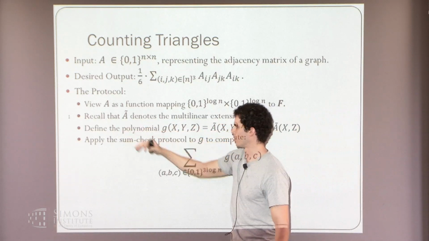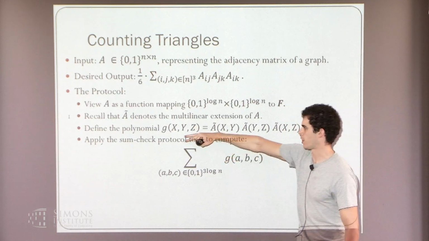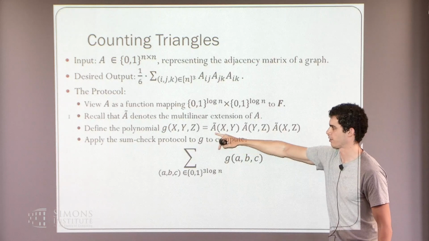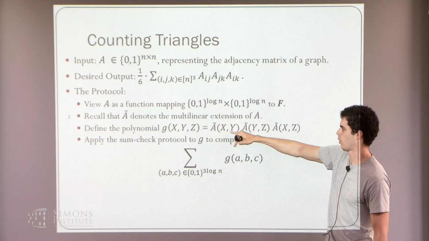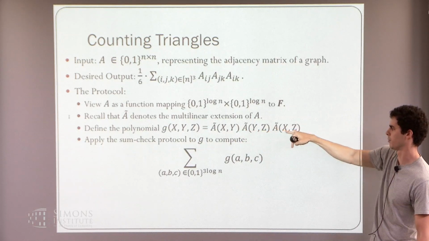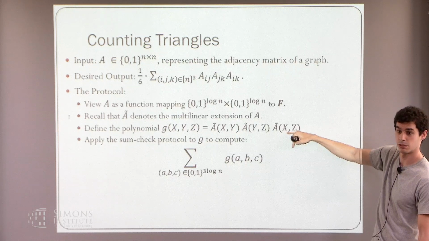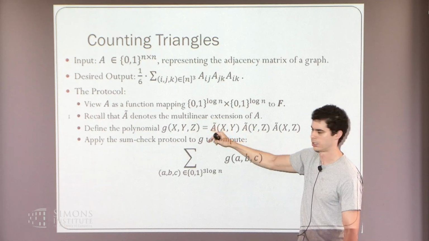So we're going to let A-twiddle denote the multilinear extension of that function. And I'm going to define this polynomial here. So it's just the multilinear extension of the input evaluated at variables x, y, times the same thing, but now with the variables y, z, and times the variables x, z. Okay. So now A-twiddle has degree at most 1 in each variable.